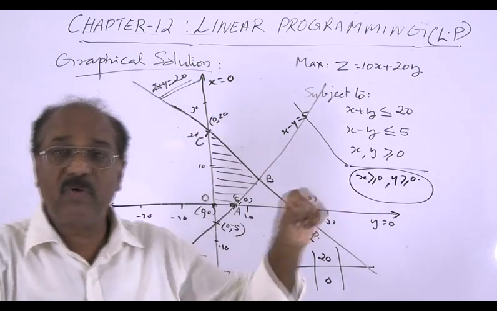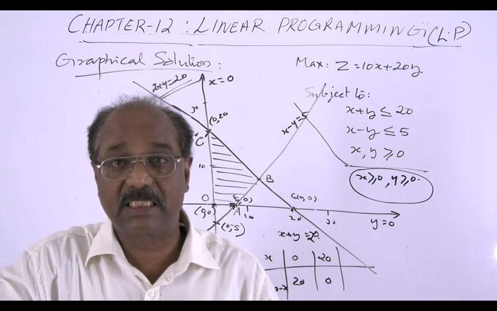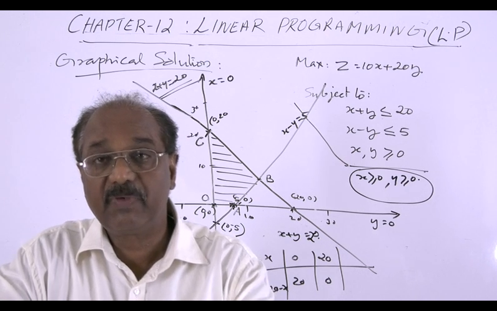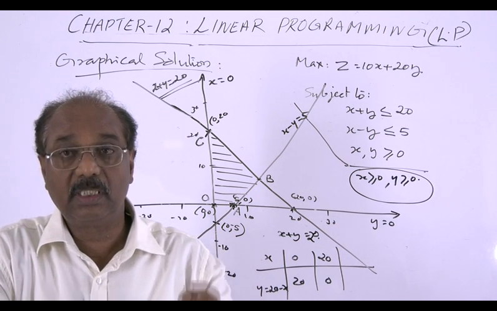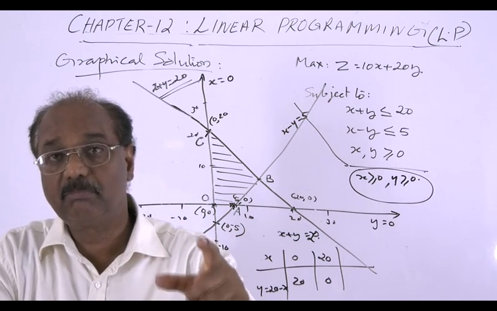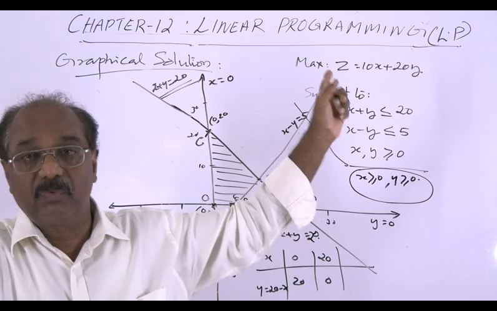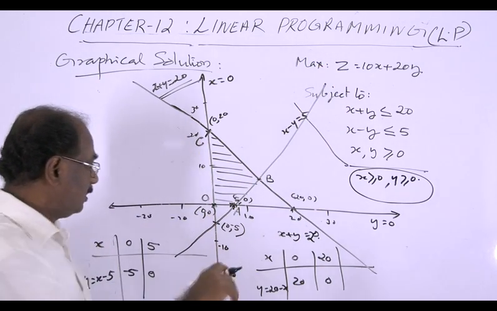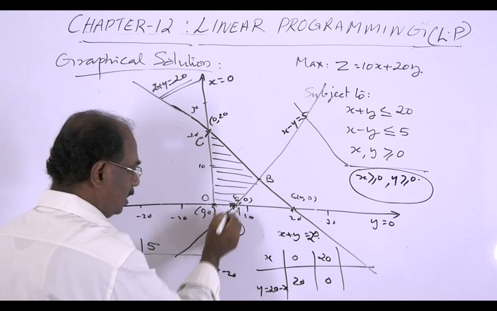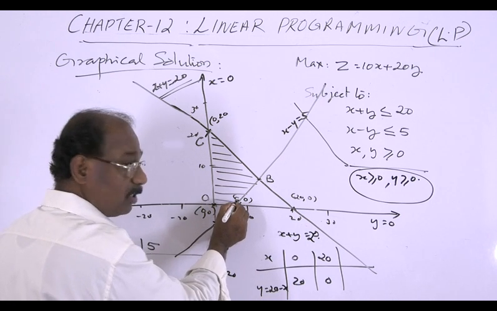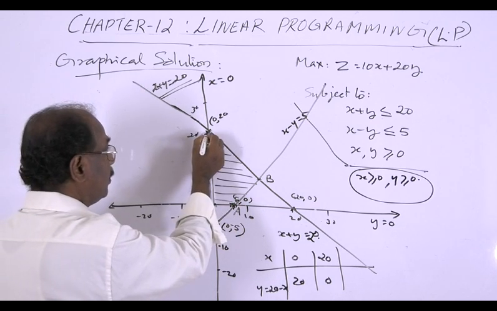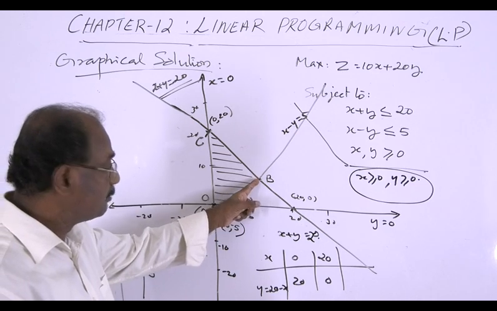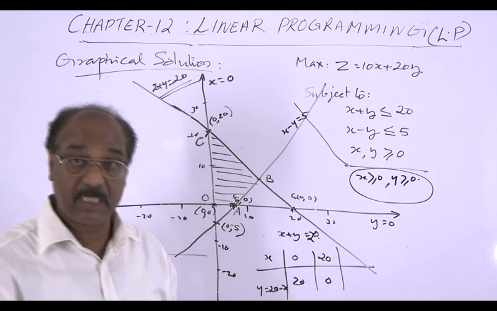Find all the 4 values, then there will be one value maximum, which is the required solution. So the points are, this is 0, 0, this point we know, 5, 0, we have already done. So this point 0, 20, that also we know. So this point is to be determined.